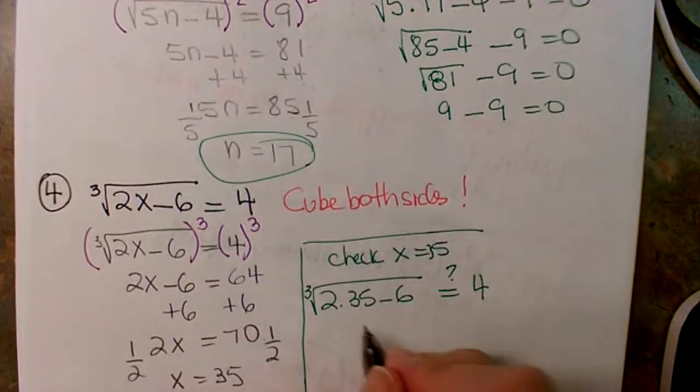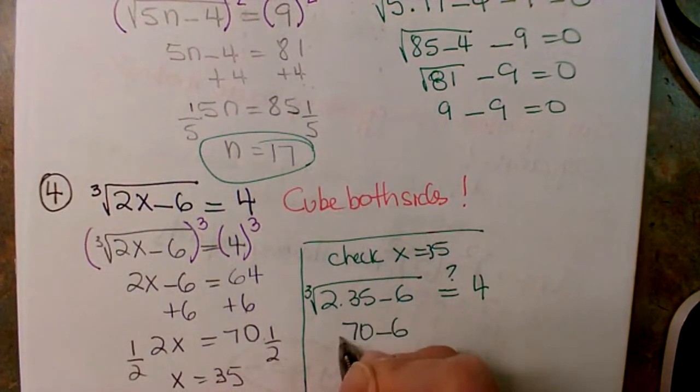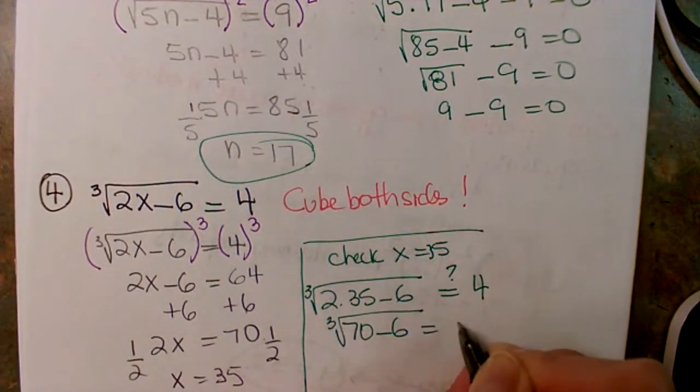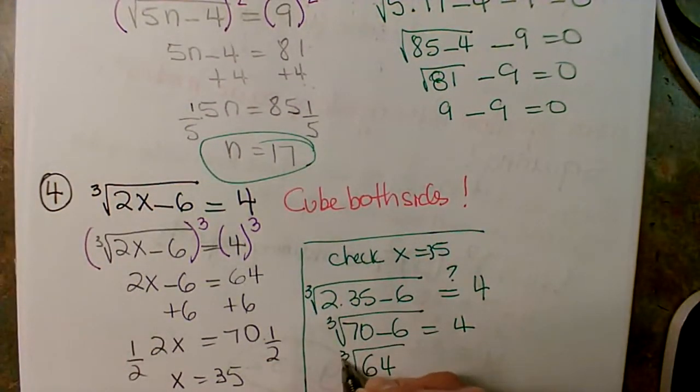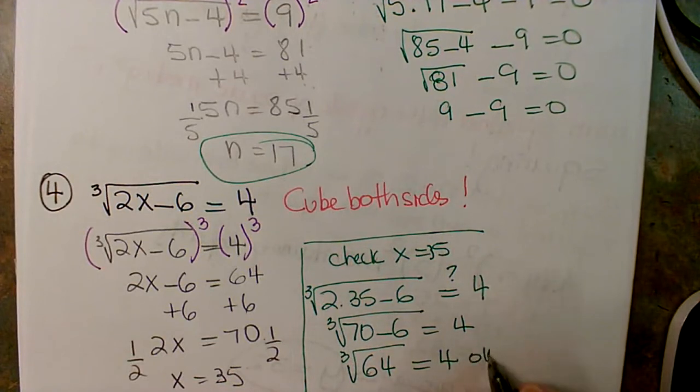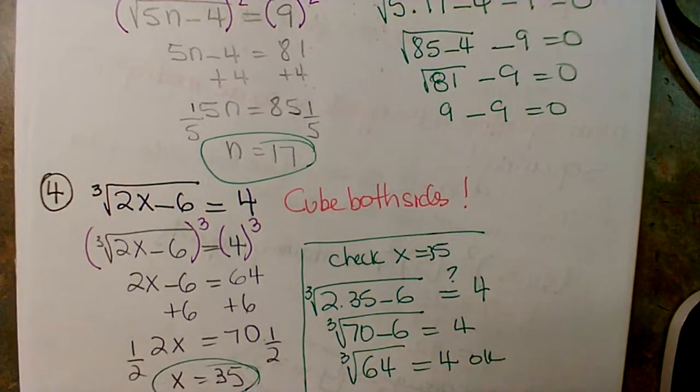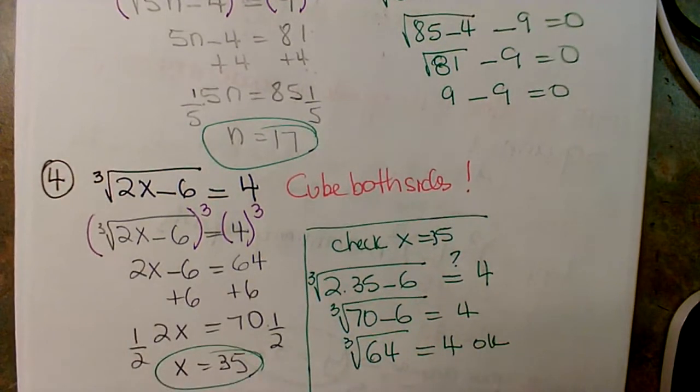So that's 70. 70 minus 6 will be 64. What's the cubic root of 64? It's 4. So x equal to 35 is the correct answer.